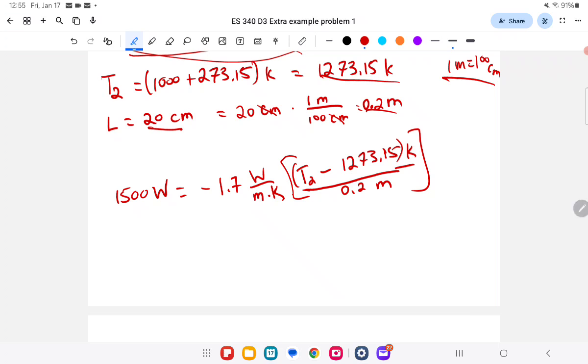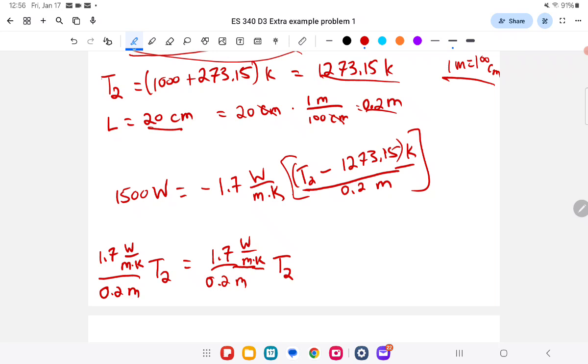So we get 1.7 watts per meter Kelvin divided by 0.2 meters times T2 is going to be equal to, well, let's do that multiplication out first. 1.7 watts per meter Kelvin divided by 0.2 meters times, oh sorry, not times T2, times 1273.15.